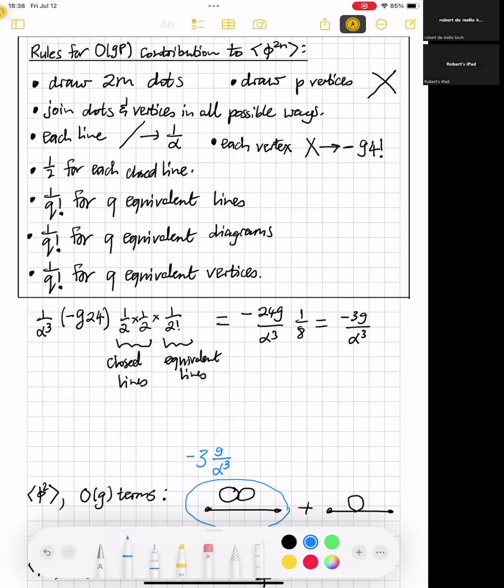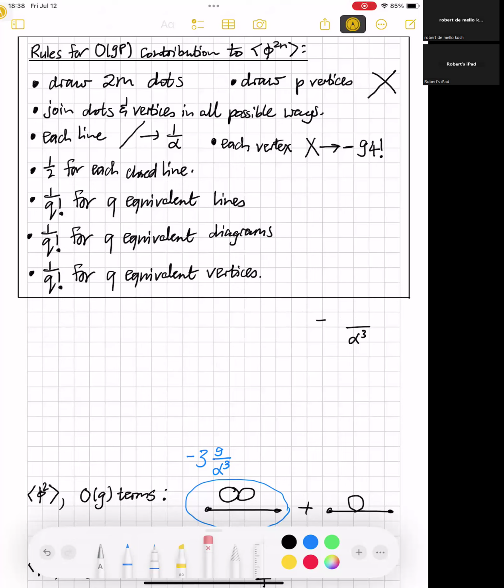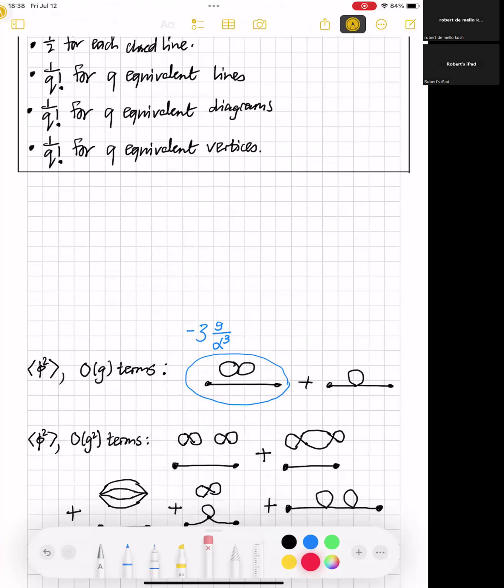Great. Now let's look at the second diagram. So for the second diagram, what do we have? Well, now we're looking at this diagram that I've circled in red. So what do we have?